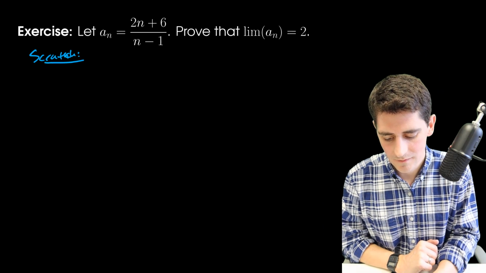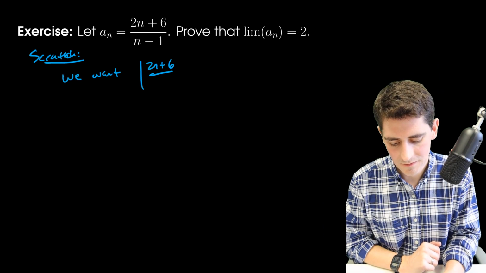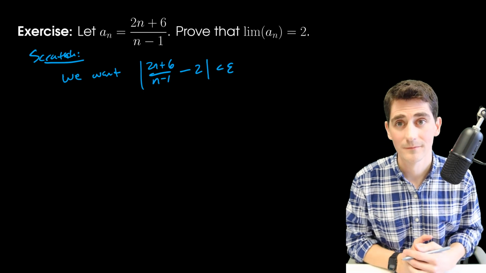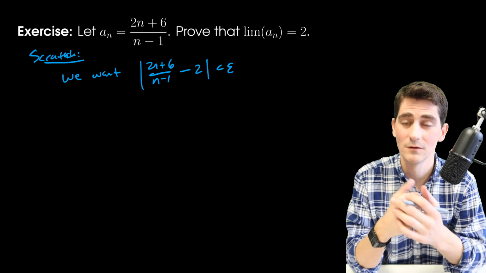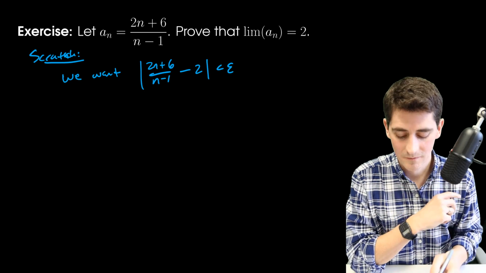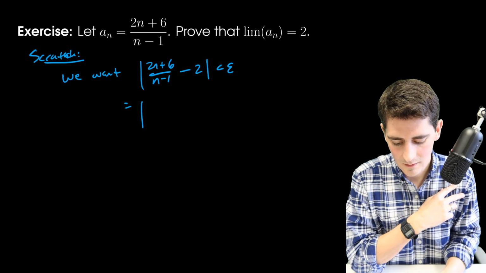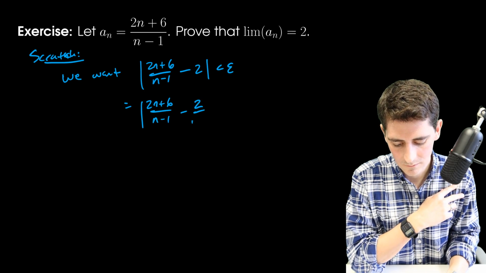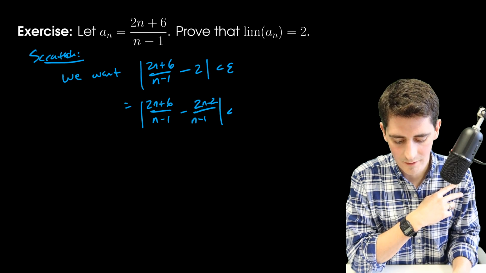What we want is the absolute value of 2n plus 6 over n minus 1 minus 2 to be less than epsilon. From here I'm just going to do some algebra to simplify this a little bit. I can get common denominators with the n minus 1 and the 2, so I end up with 2n minus 2 in the numerator.